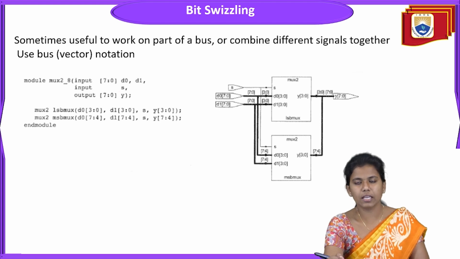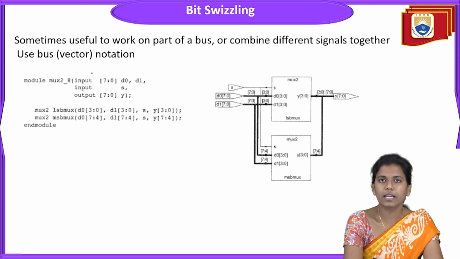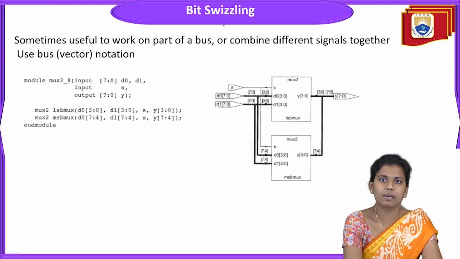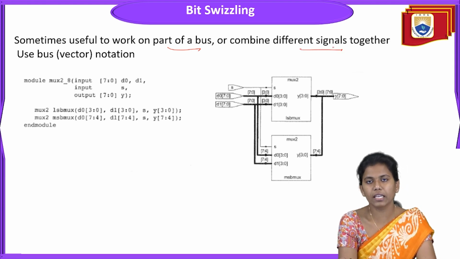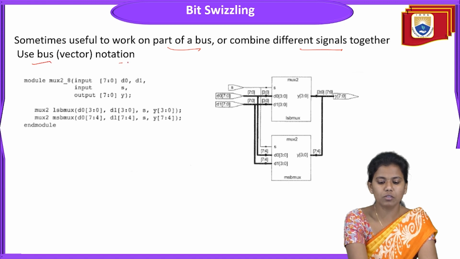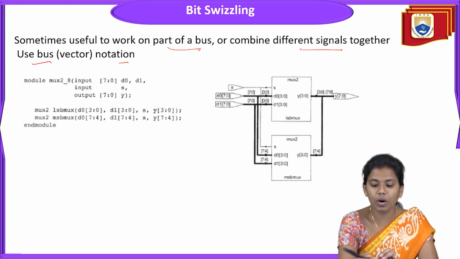And what is bit swizzling? This bit swizzling is sometimes useful to work on a part of a bus or combine different signals together. Use bus notation. So here bit swizzling says that sometimes it is useful to work on a part of a bus. We all know what a bus is.